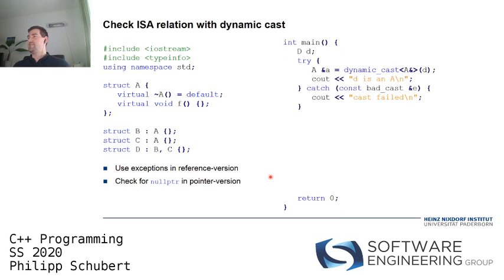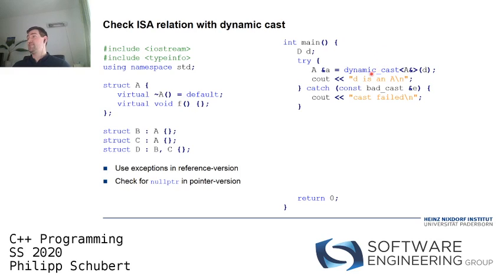Let's have an example. So when you try to dynamically cast something, this cast may also fail depending on what the allocated type of that thing that you put in is. So in this case, the D that you give in is of allocated type uppercase D, which is also an A through inheritance here.